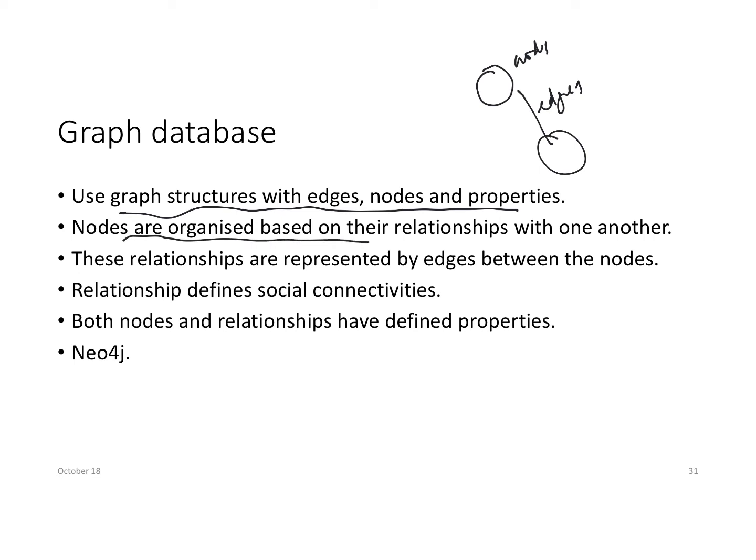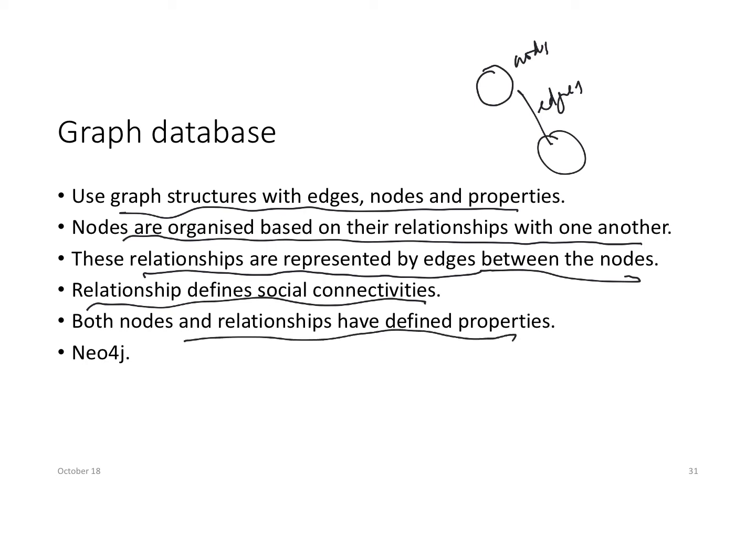Nodes are organized based on their relationship with one another, and these relationships are represented by edges between the nodes. So relationships define social connectivity. Both nodes and relationships have defined properties, so every relationship must have its own properties, how they are related. One software that uses graph databases is Neo4j, the name of software that uses the graph database concept.